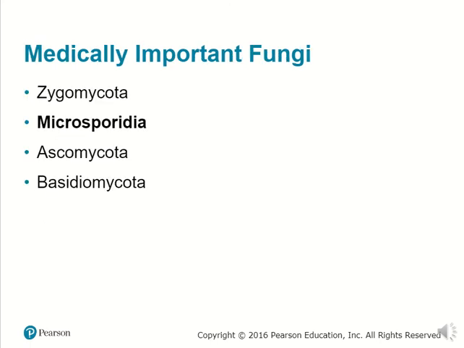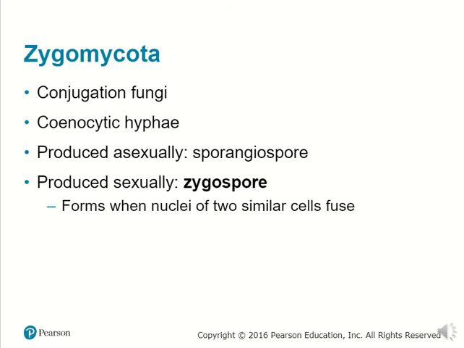There are medically important fungi such as Zygomycota, Microsporidia, Ascomycota, and Basidiomycota. The first, Zygomycota, are conjugation fungi. They have coenocytic hyphae, and they reproduce asexually through sporangiospores or sexually through zygospores.